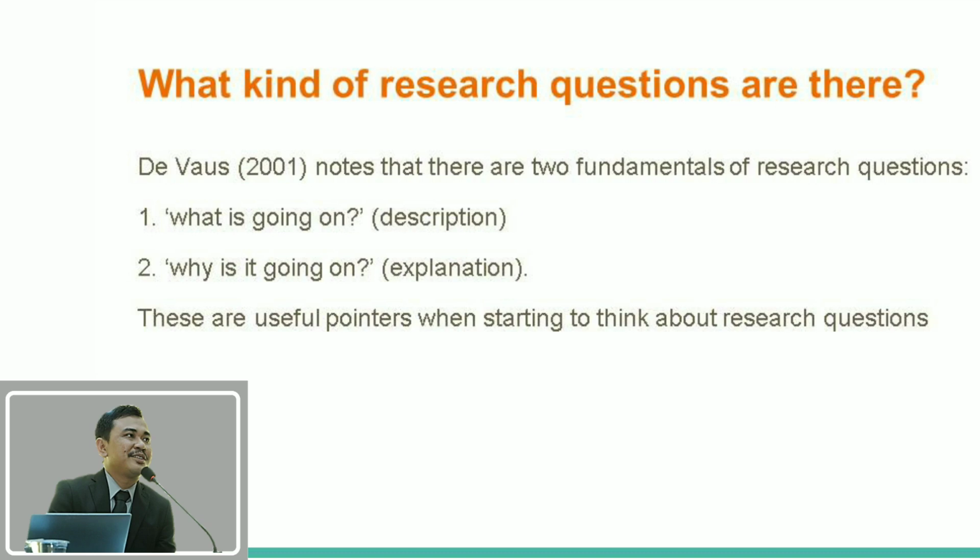The first one, it may ask about what is going on. By asking this question, you may come up with a description of what is going on, and then why is it going on. It needs explanation, because you have to explain why it is going on.